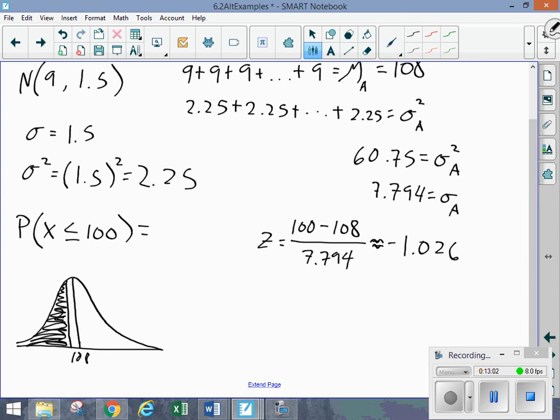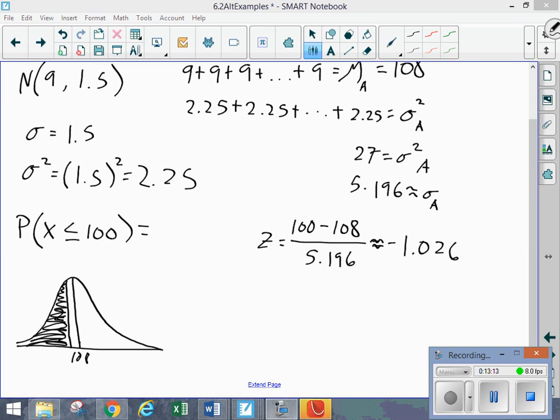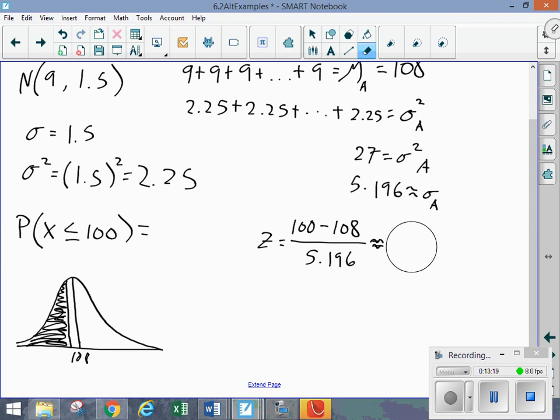And then we can go to our handy dandy calculator to calculate this using our normal CDF. So there, we fix that. That means that this is incorrect.